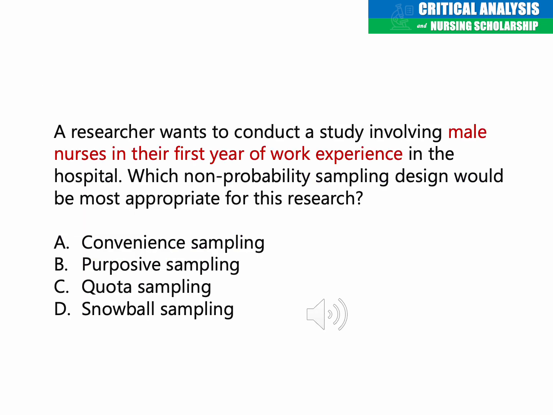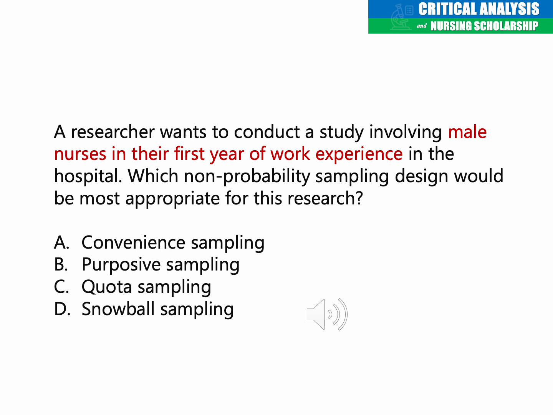Okay, just before we proceed with our next topic, let's try to answer this question. A researcher wants to conduct a study involving male nurses in the first year of work experience in the hospital. Which non-probability sampling design would be most appropriate for this research? A. Convenience sampling.